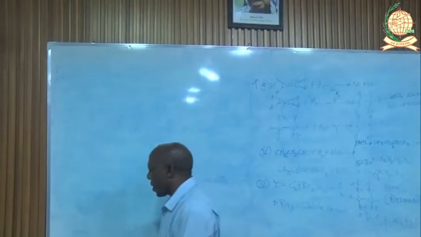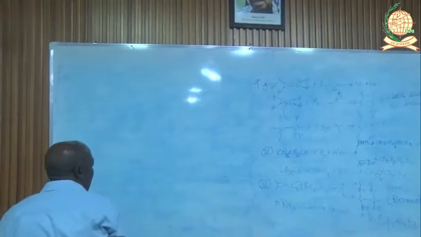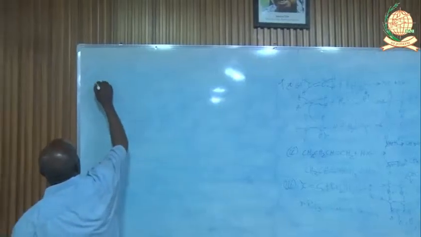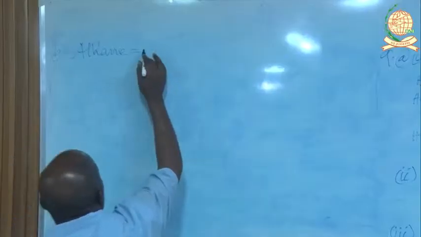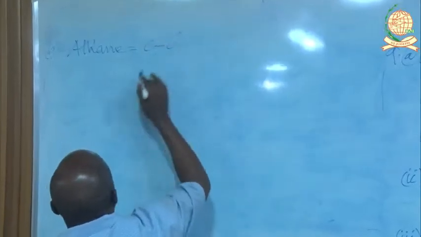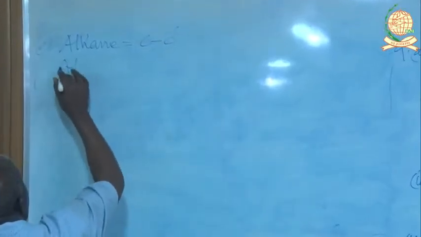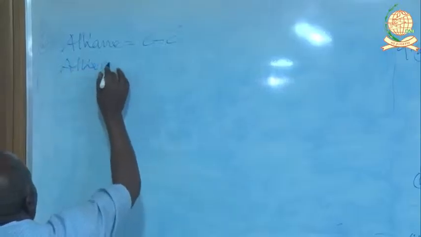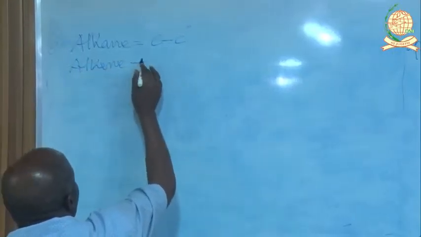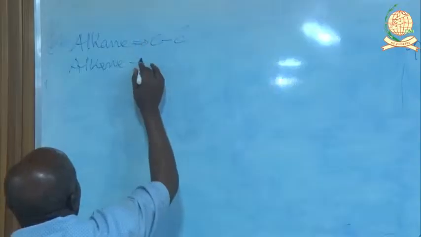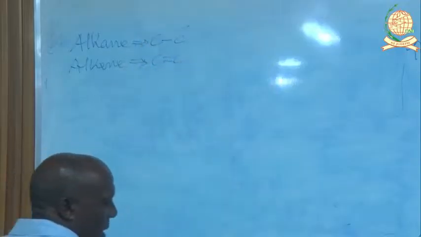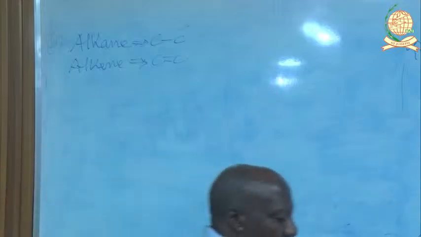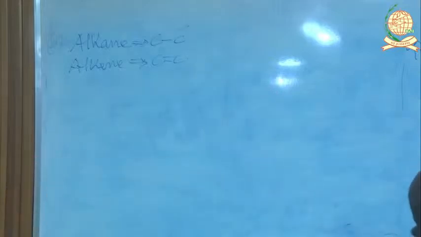Alkanes are hydrocarbons with a carbon single bond, while alkenes are aliphatic hydrocarbons with a carbon double bond. Now, how can we distinguish these two classes of aliphatic hydrocarbons?